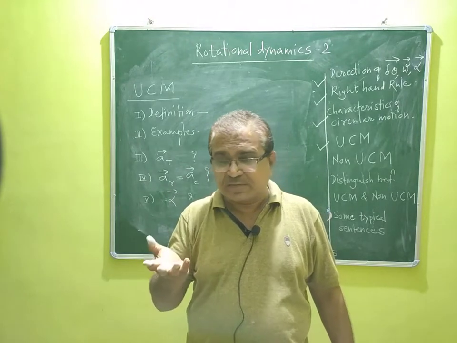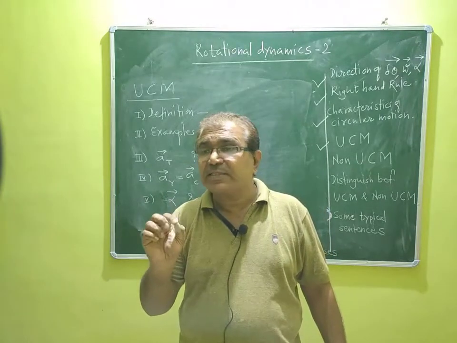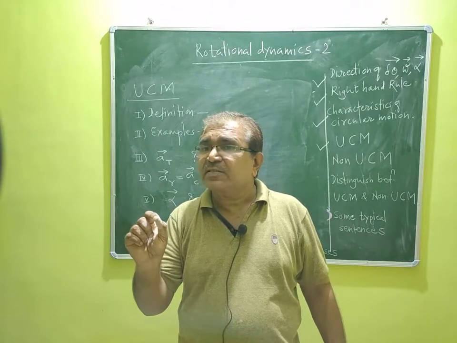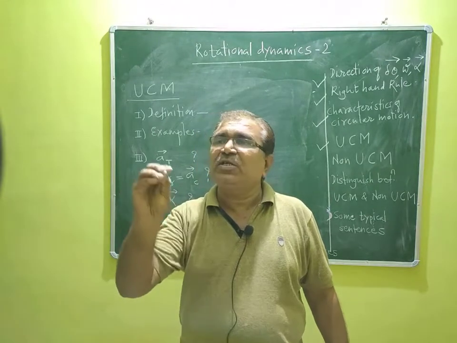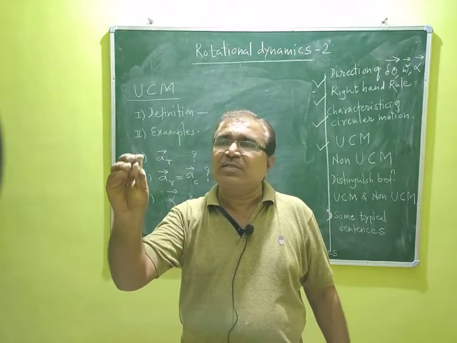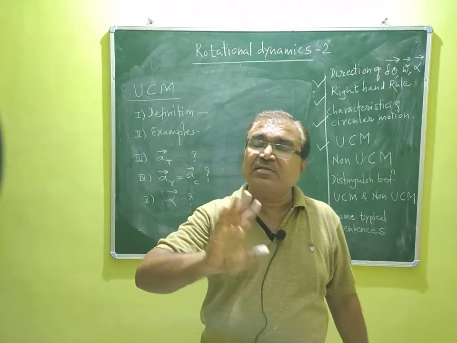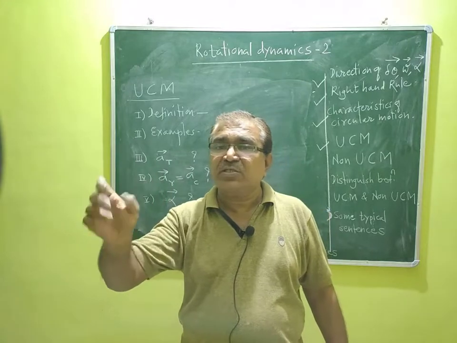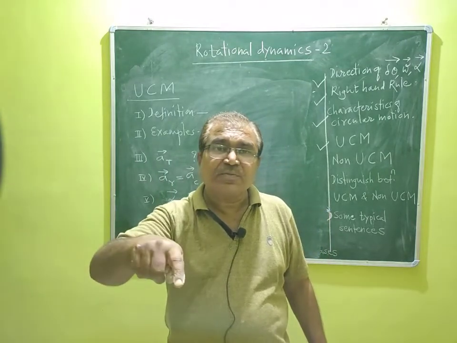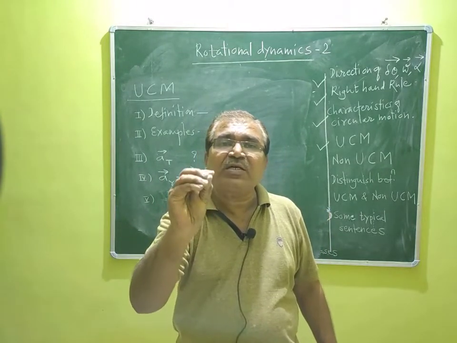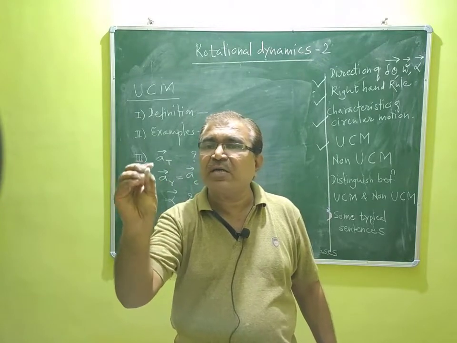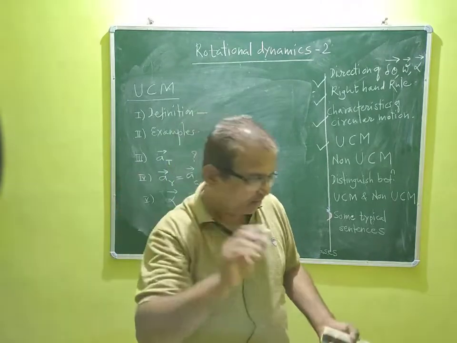I will repeat again: the title itself suggests the definition. Uniform means the circular motion is constant, remains the same. It means the angular speed omega remains constant.